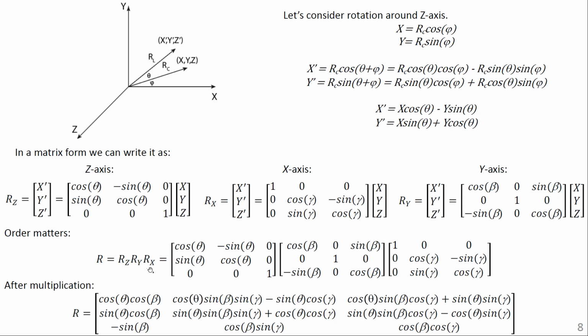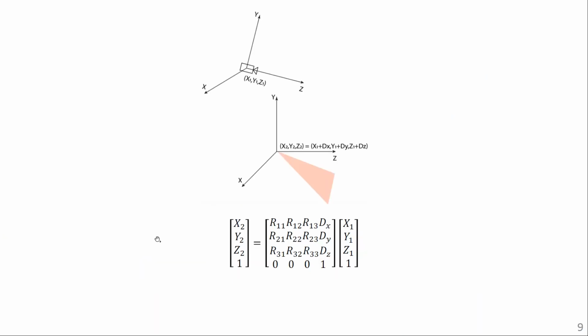For example, if first it will be Rx, if we change this order, we will get a different result. So this order is very important. When we include this part in our transformation matrix, it will have a rotation matrix part and also the offset. So now this is the relationship between these two systems.